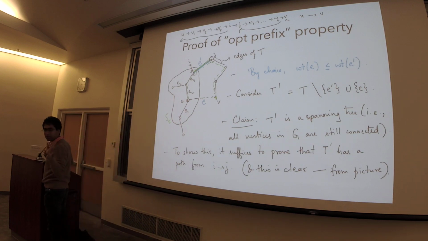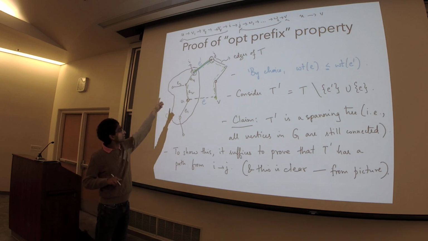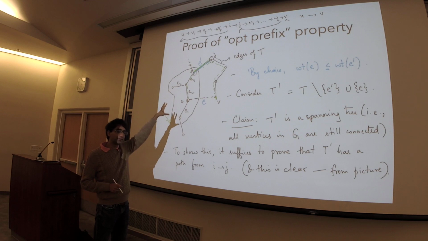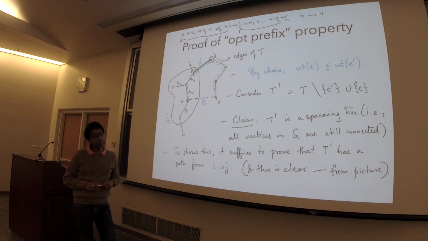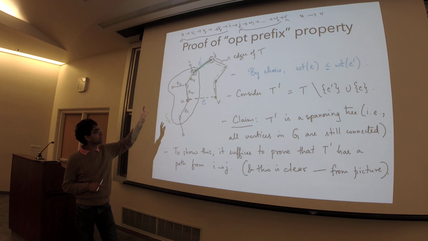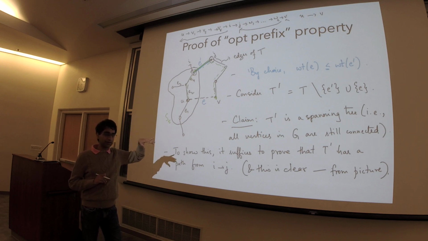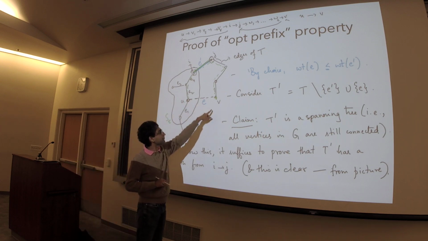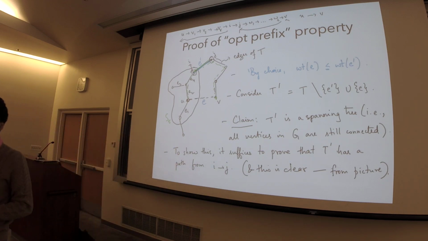All right, so maybe what you're asking is, do I have to ensure E prime is not one of the E's? Because that I assume is clear. No, what I'm asking is what happens if you are not considering the full graph? Right. So if the original T was not a spanning tree for the entire graph, then you are not guaranteed that there is a path from U to V. So that's where you are using that there is a path from any U to V. Yeah, but it's a good question.